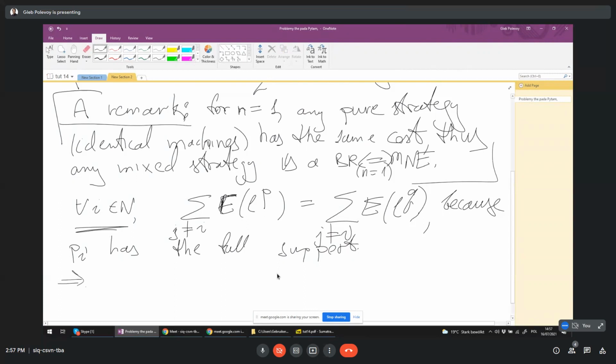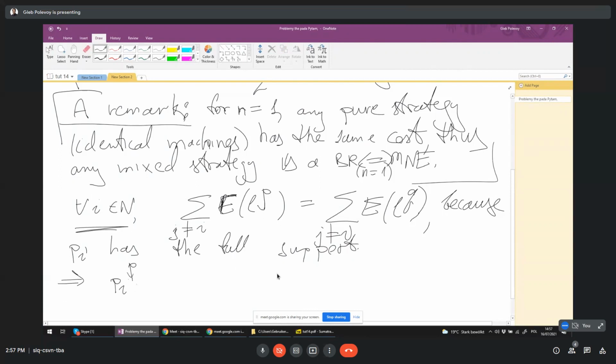So if there is any variation, so Pi going to machine, let's go P and Q, going to machine P, P and Q can be confusing. Let's call it rho and Q, because P is already probability.